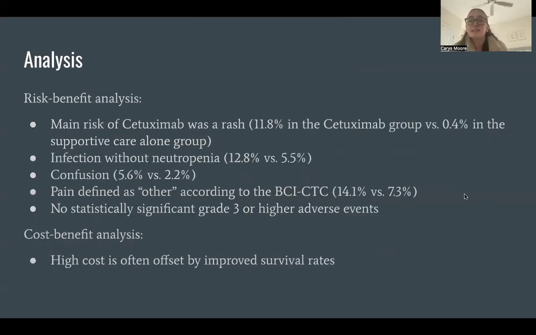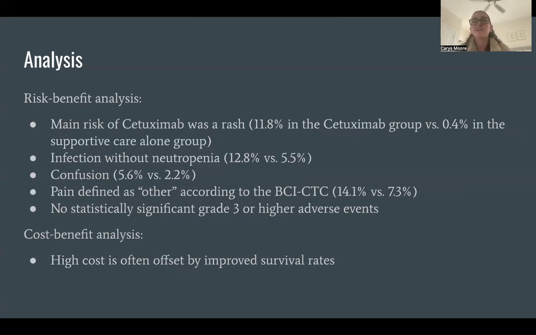So the analysis of the cetuximab drug, the risk benefit analysis. The main risk of cetuximab shown was a rash, and it was 11.8% in the cetuximab group versus 0.4% in the supportive care alone group. There was also risk of infection, which was 12.8% versus 5.5%, as well as confusion, which was 5.6% versus 2.2%.